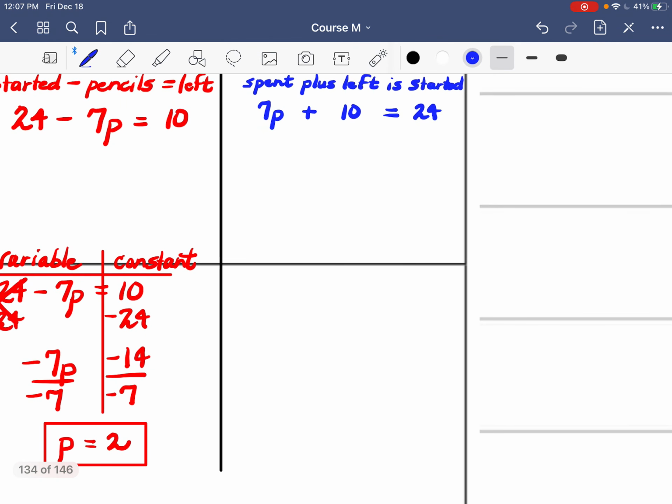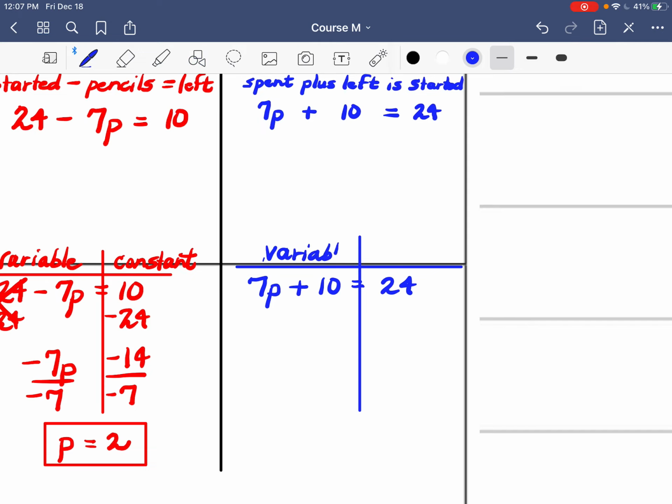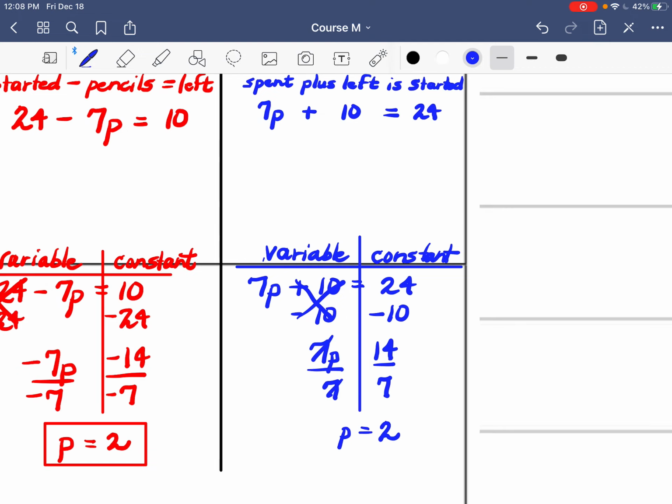So this is actually the problem that I solved. I said 7p plus 10 is 24. So the 7 pencils plus what she had left over was the 24 that she began with. And here's the variable. And here's the constant. So I have a minus 10, a minus 10, and that left me with 7 pencils totaling $14. So that means that each of those pencils was $2.